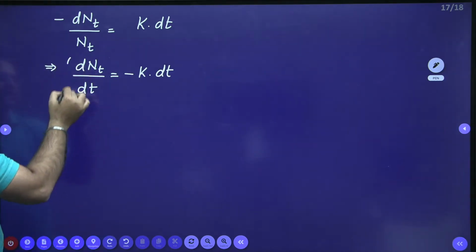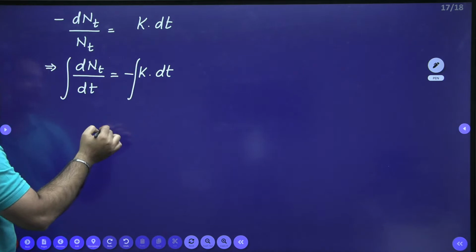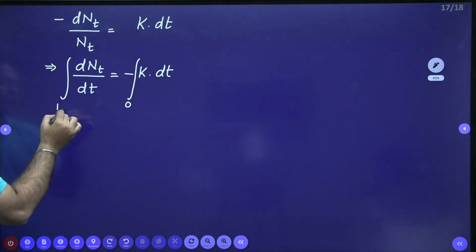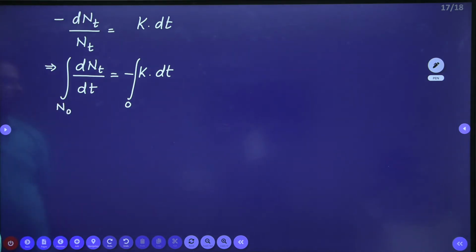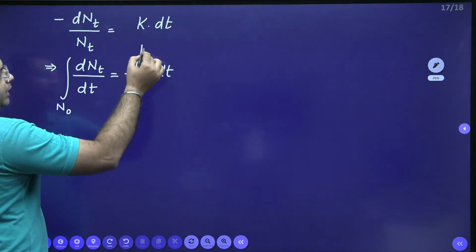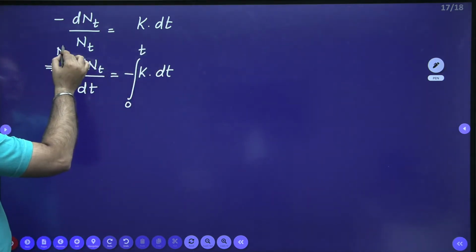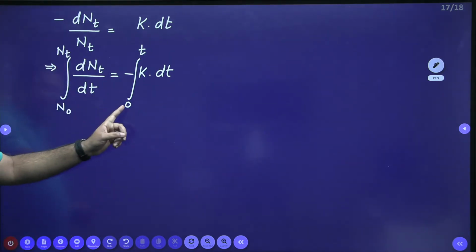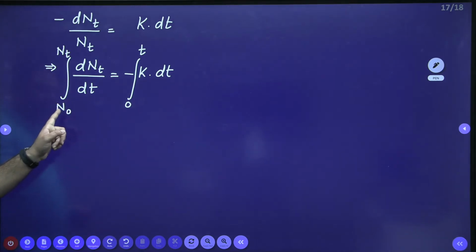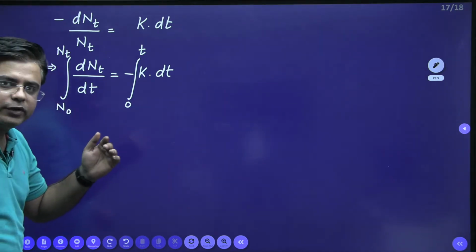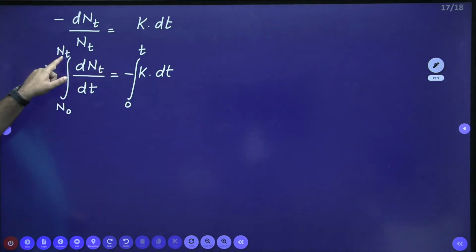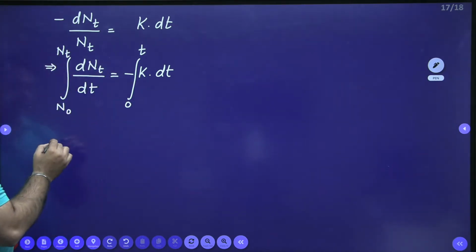Now integrate this expression. At time t is equal to 0, the number of microorganisms present are N naught. After disinfection for some time t, the number of microorganisms present are Nt. So just integrate this.